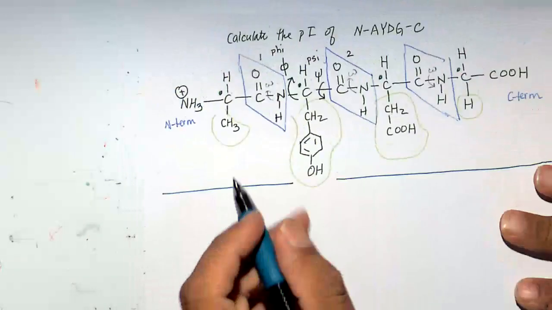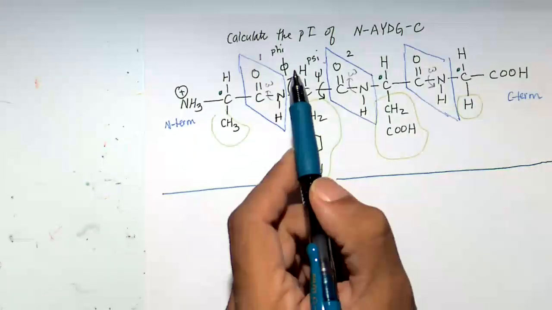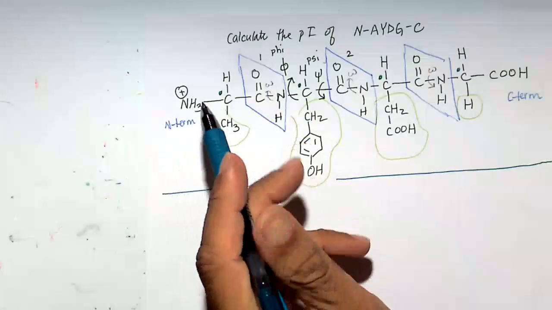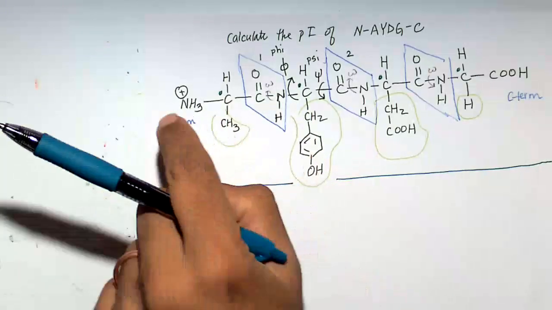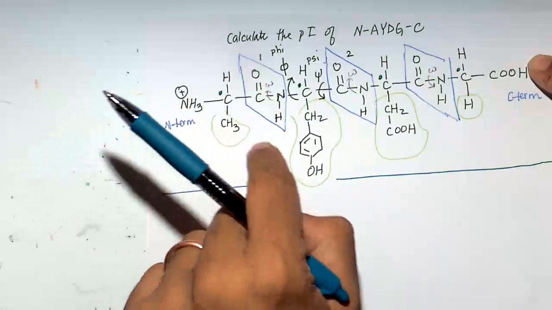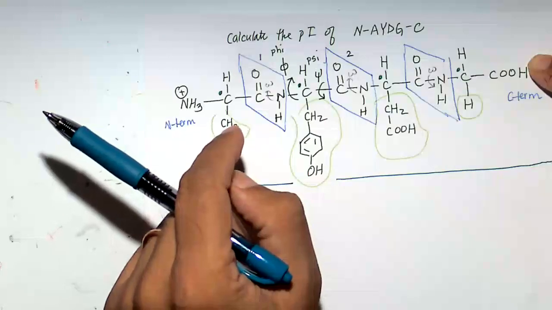pI. It's simple, okay. Because do you see the backbone here? The backbone here has no pKa's. What has pKa's? Termini, and then what could potentially have pKa's?